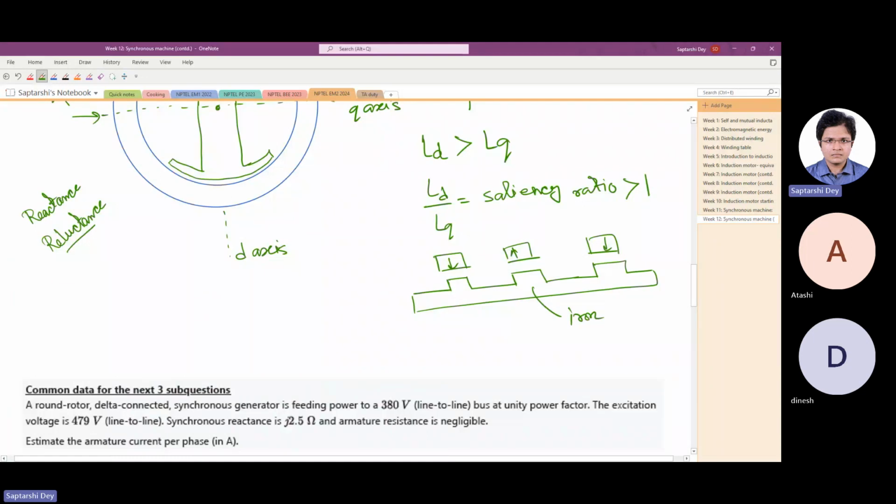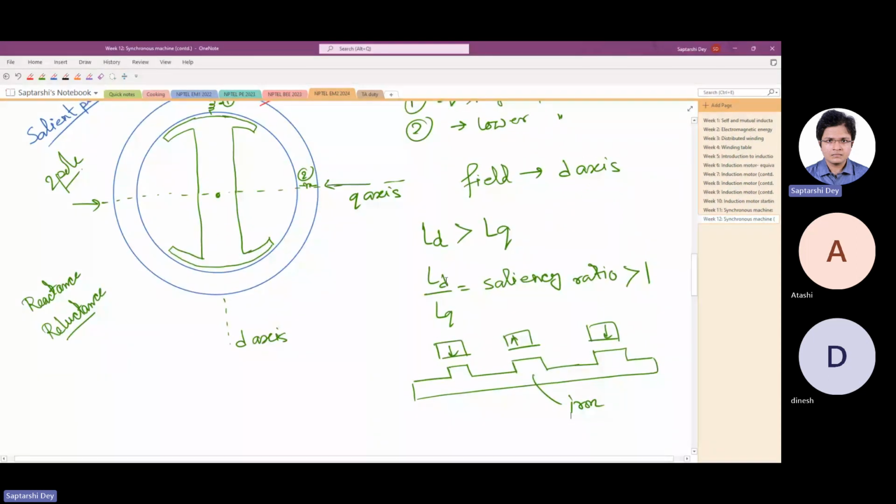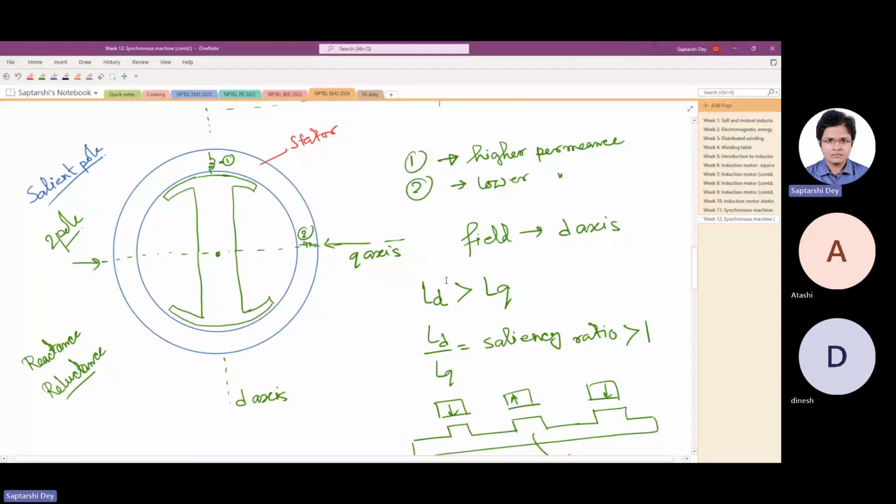That is reluctance, basically. Reluctance torque, reluctance thrust, whatever you can call it. So this is what we get in a salient pole machine. With a salient machine, we get both reluctance and reactance torque. And LD is greater than LQ.